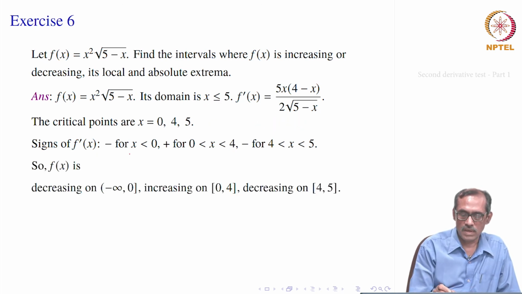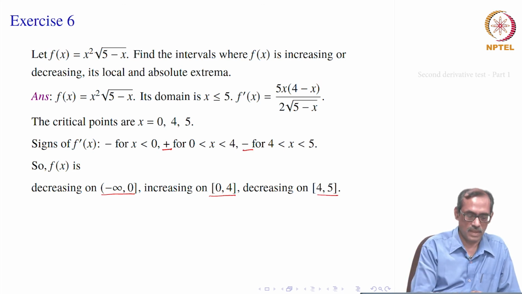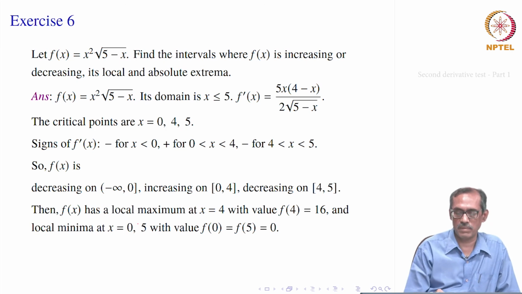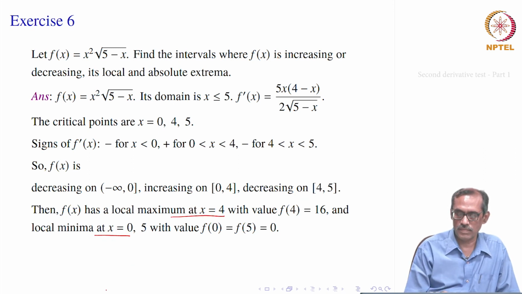Therefore, f is decreasing from minus infinity to 0, increasing from 0 to 4, and again decreasing on 4 to 5, and you get the local maximum and minimum values. So, f prime of x changes sign at 0 from negative to positive, so there it has a local minimum, and from positive to negative at 4, so there is a local maximum at x equal to 4.